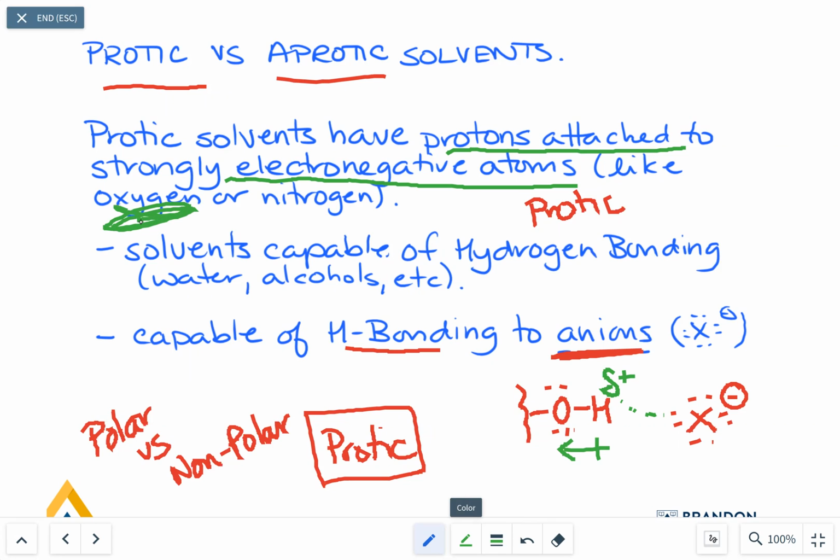The most common one is oxygen. Nitrogen, I suppose, has some. NH3 would be an example of a polar protic solvent. Alcohols and water are the two most common. Carboxylic acids too would be another polar protic solvent.